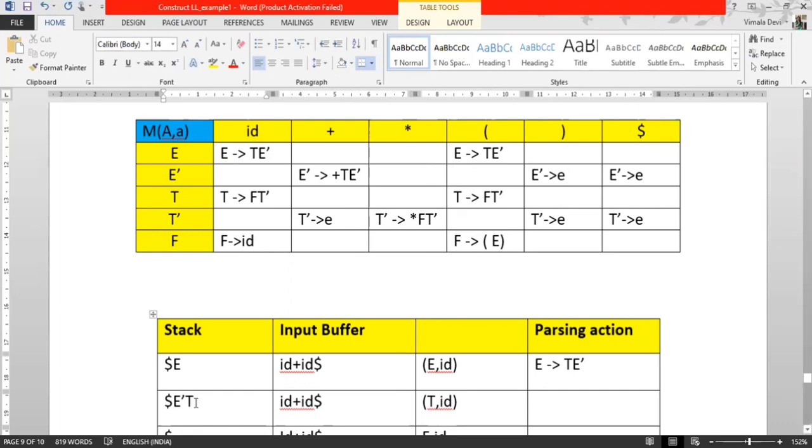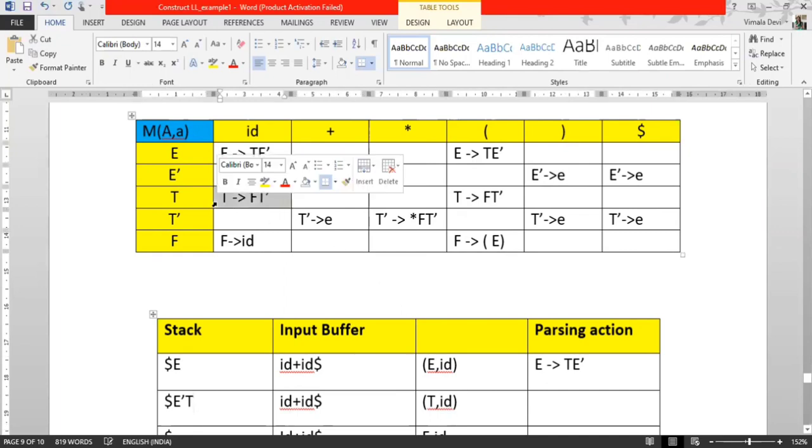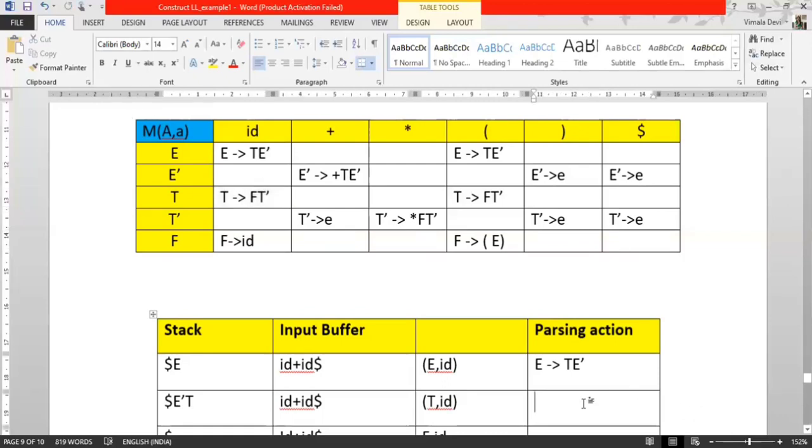Now what is available at the top of the stack? T is available. Still, the parser is pointing to the first character of the input, which is nothing but id. id put together is a single symbol. So what is T comma id? Again, go and refer to the table. T comma id makes us select the rule T derives FT dash. So let me copy it here.